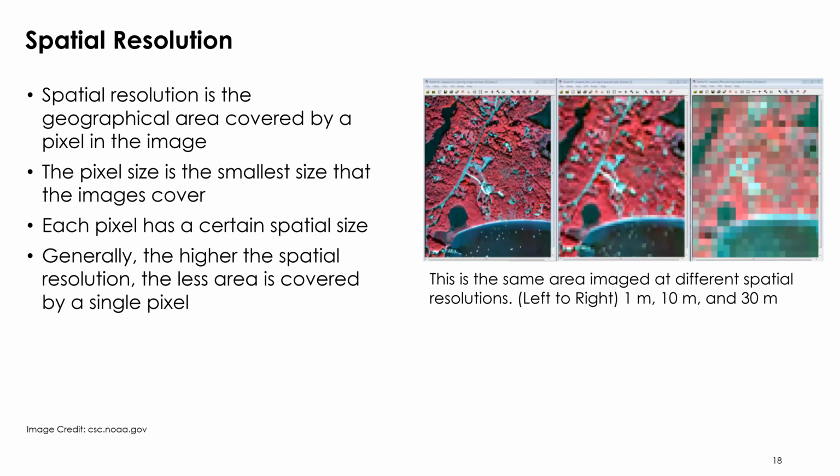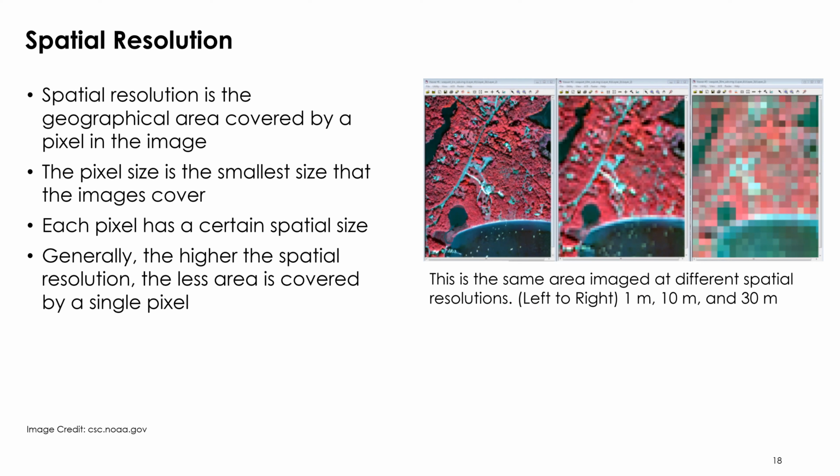So I want to talk a little bit about different characteristics of the imagery itself. Some of this you've probably heard of before, like spatial resolution. Basically, the images are made up of pixels, right? And each pixel covers a particular area on the ground.